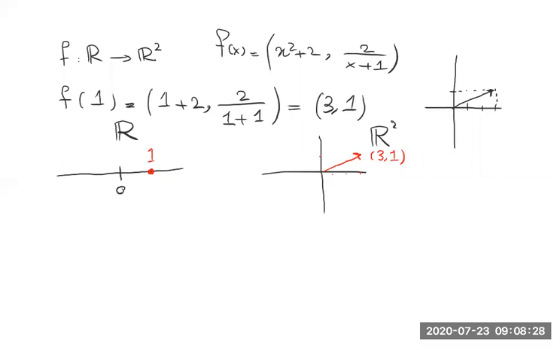For example, it sends 0 to f of 0. What is f of 0? It's 0 squared plus 2, 2 over 0 plus 1. What is that? 2 over 1, which is just 2. So it sends 0 to (2, 2).